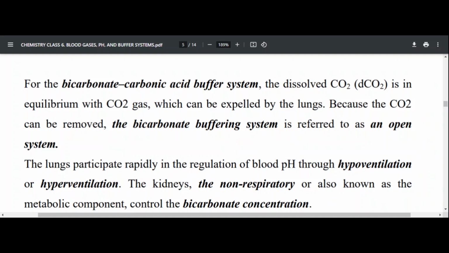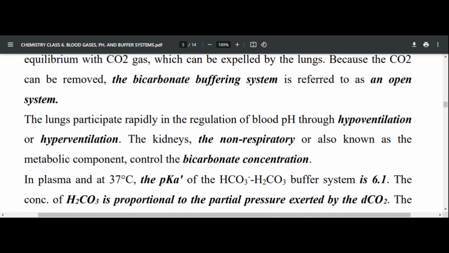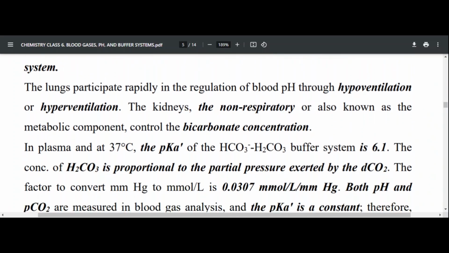So the lungs participate rapidly in the regulation of blood pH through hypoventilation and hyperventilation, and you know that the kidney is also a non-respiratory component, called the metabolic component, and kidneys can control bicarbonate concentrations as well.